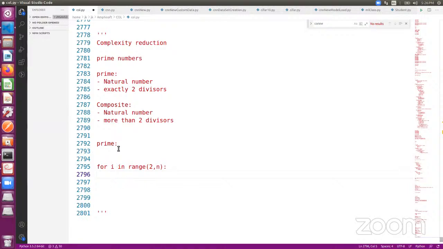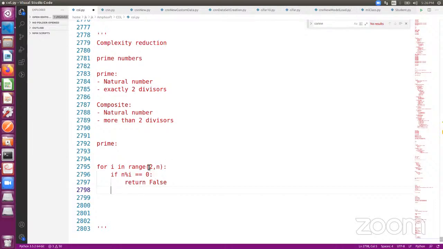Suppose this particular loop is in a function. If n mod i is equal to 0, return false. Now this loop keeps on running. When do we know that it is a prime number? If none of the numbers are dividing it.